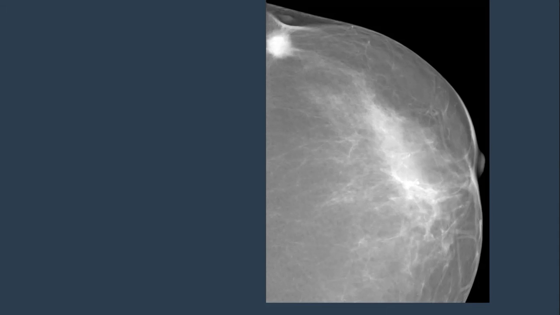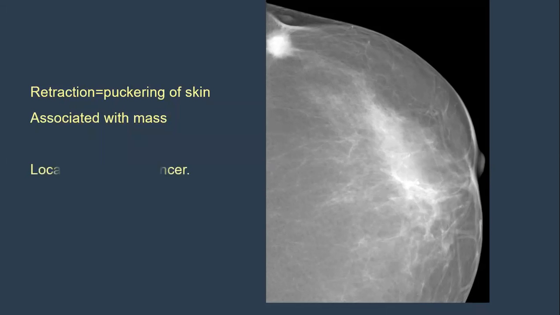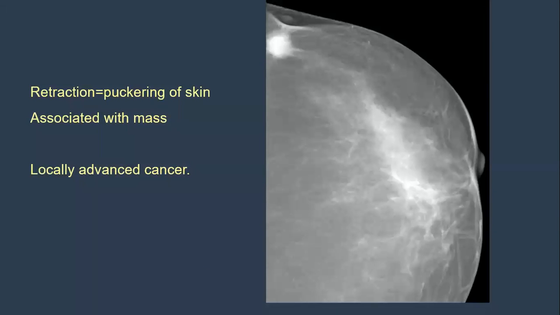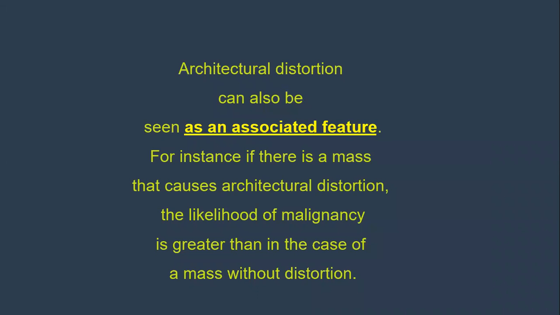So this is BI-RADS 5. Retraction and puckering of the skin associated with a mass means locally advanced cancer, because it is infiltrating into the adjacent skin. Architectural distortion can be seen as an associated feature.